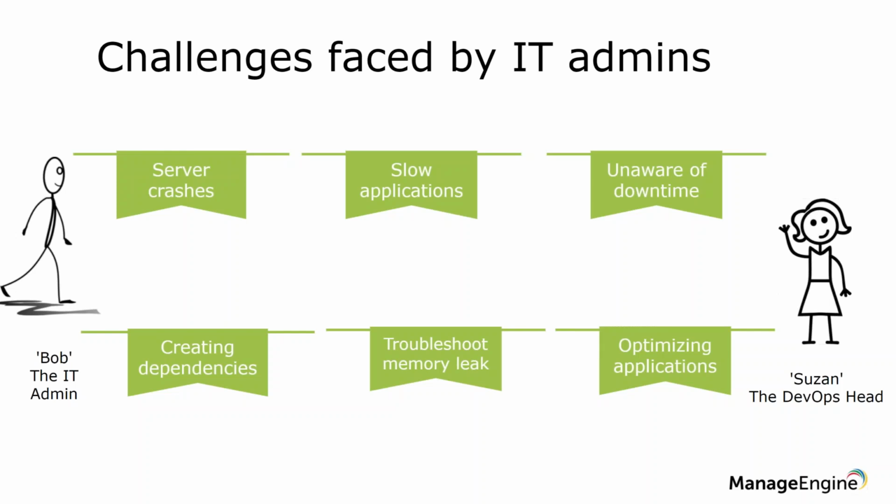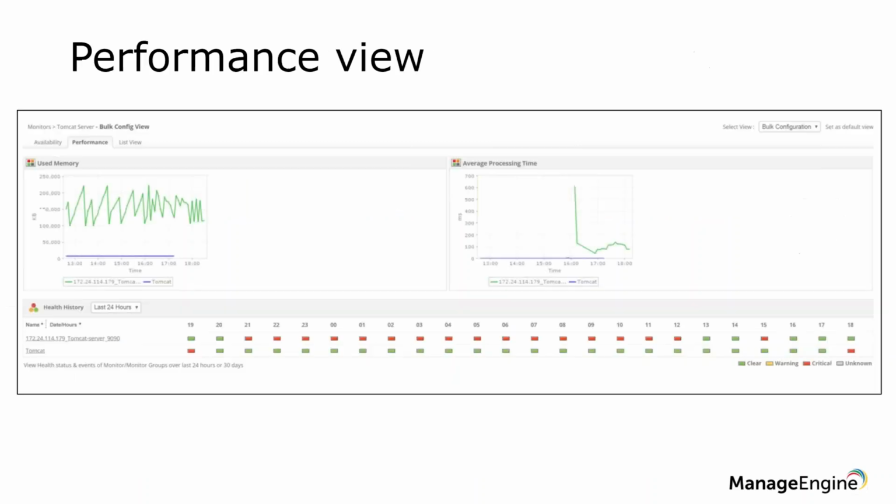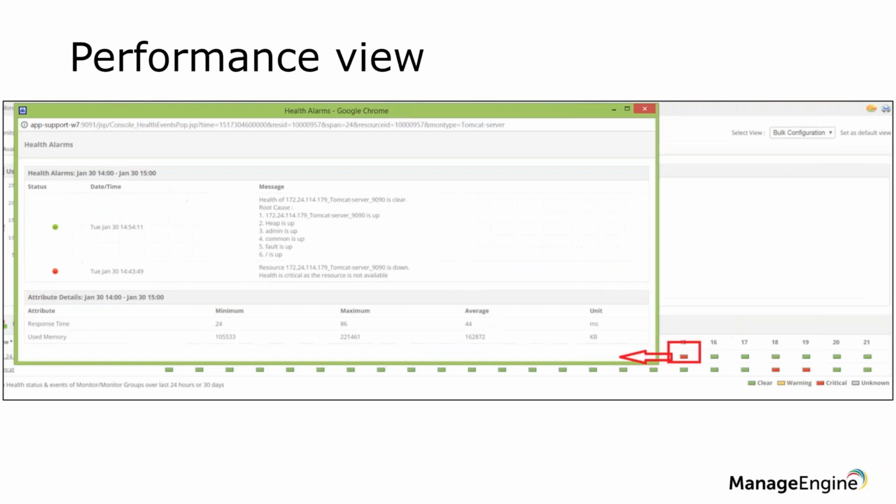These are all necessary for ideal infrastructure management. Here, Applications Manager helps you face these challenges by providing a performance view of the applications that are being monitored. For example, in the Applications Manager UI under Bulk Configuration View, you can find the Performance tab where the hourly health information of the monitors is present.